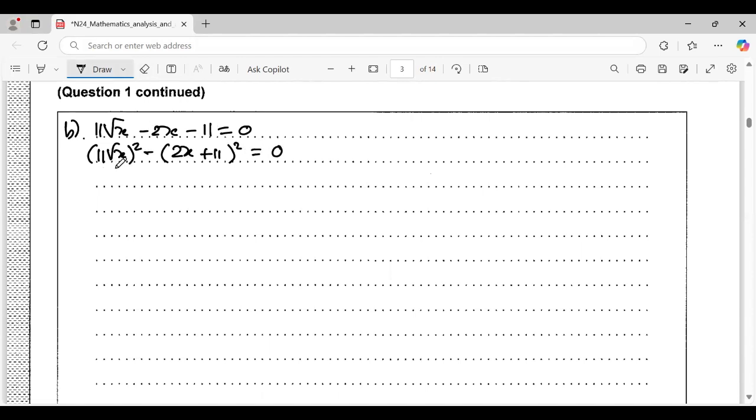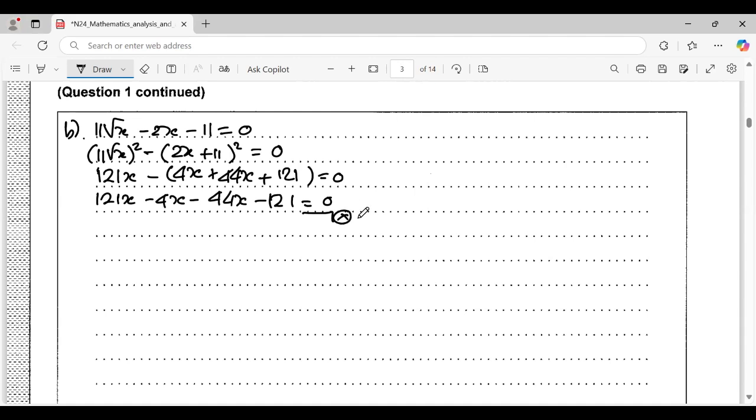So it's going to be 11 times 11, which is 121x, minus 44x, plus 121 equals 0, or 121x − 4x² − 44x equals 0.